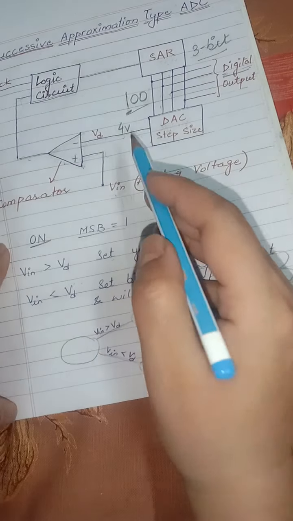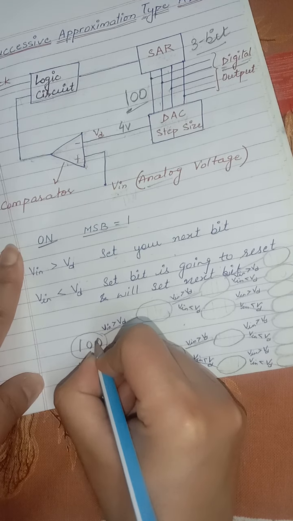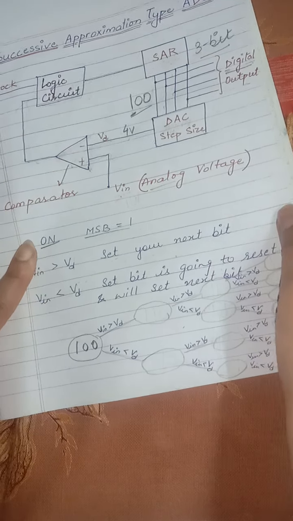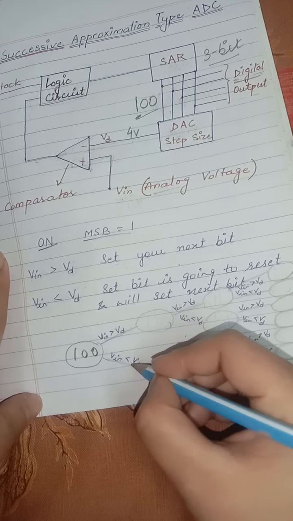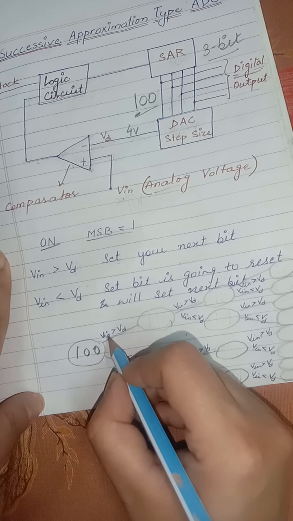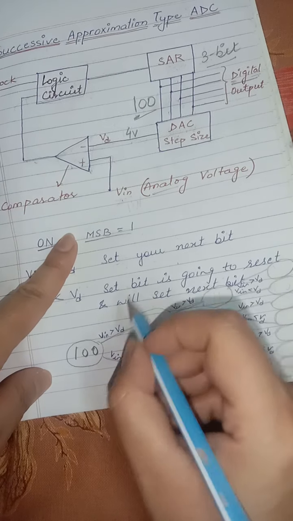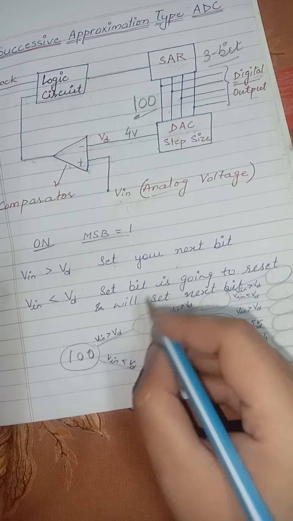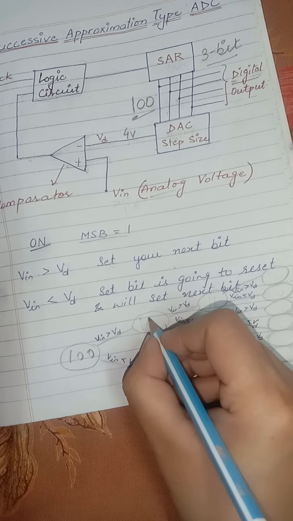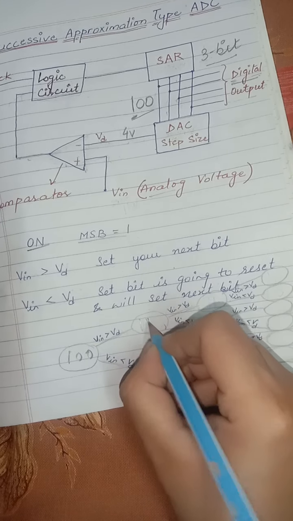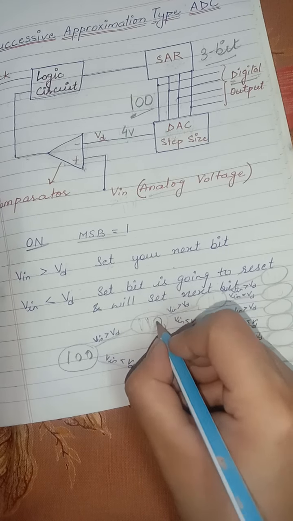First of all, suppose we have 1 0 0 output at the SAR, that is the successive approximation register. In the first condition, VIN, that is the input voltage, is greater than VD, then set your next bit. The bit already set stays set, it will set the next bit, and the output will be 1 1 0.